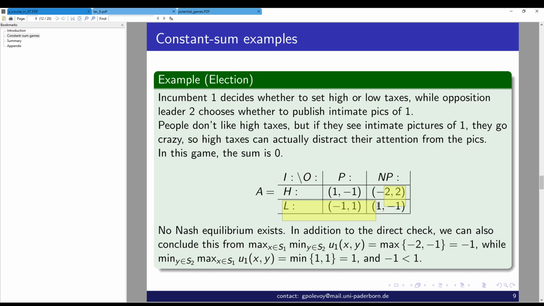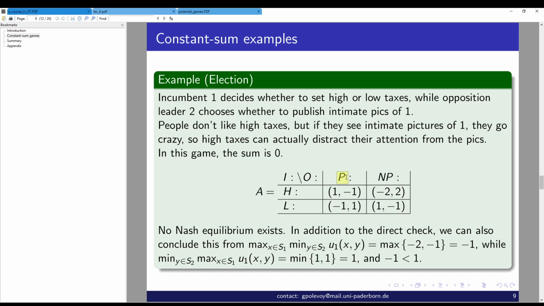Now, however, if the second player does publish the intimate pictures of player 1, then people get a bit emotional, and player 1 needs to distract the people who elect him by actually making something they're going to think about more.